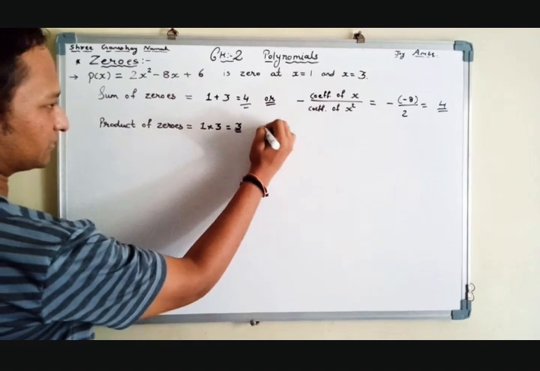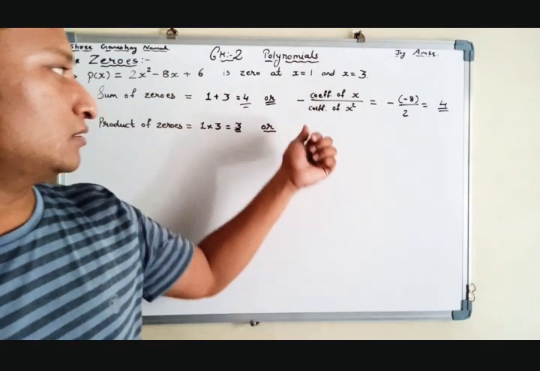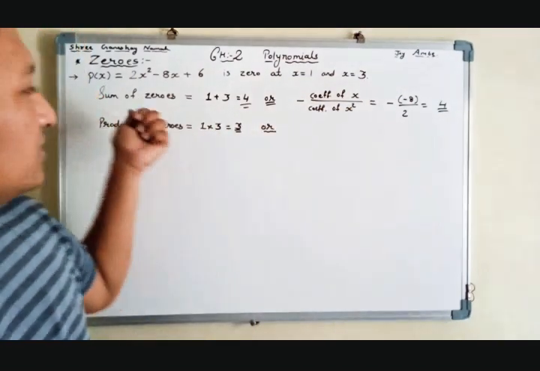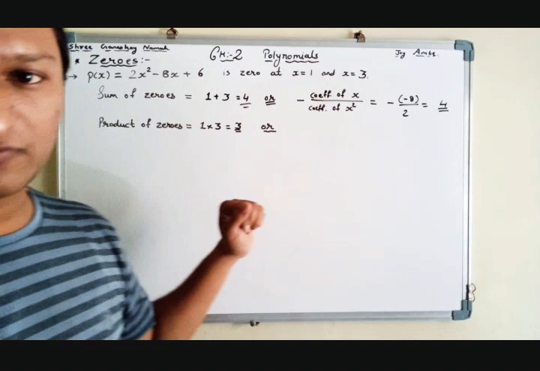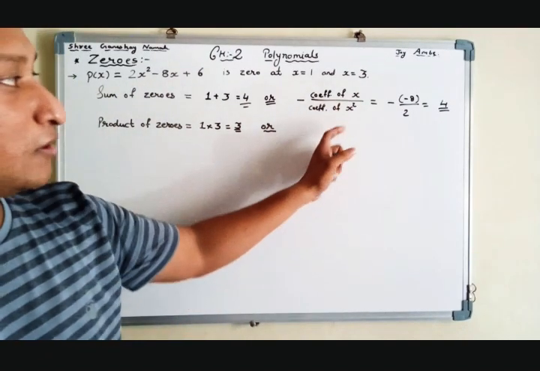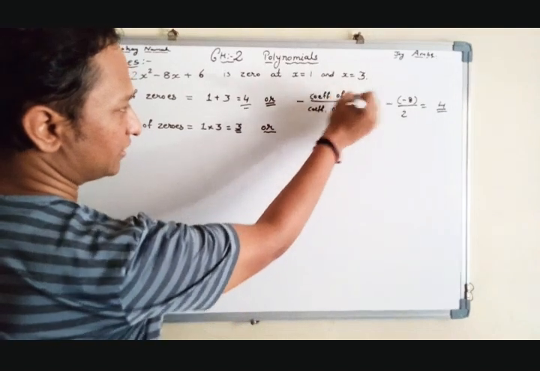This is the first method. Or, minus coefficient of x upon coefficient of x square is the formula to find the sum of zeros. Now what is the formula to find the product of zeros? That is constant term upon coefficient of x square. The denominator will remain as it is, but the numerator will change.